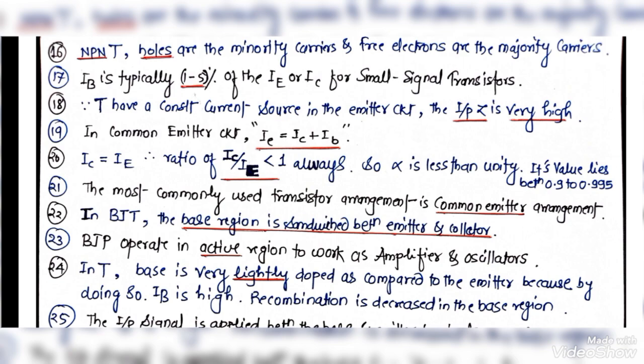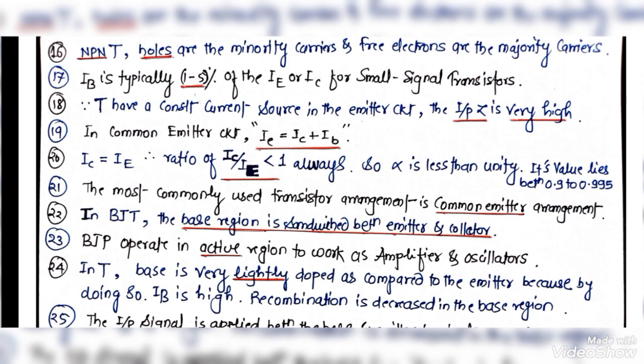IE is approximately equal to IC, therefore ratio of IC upon IE is always less than 1. So alpha is less than unity. Its value lies between 0.9 to 0.995.